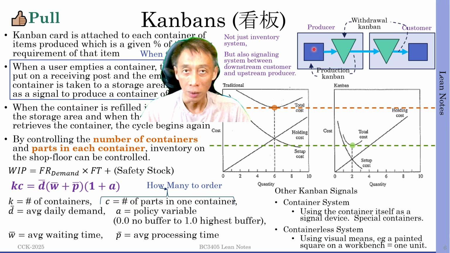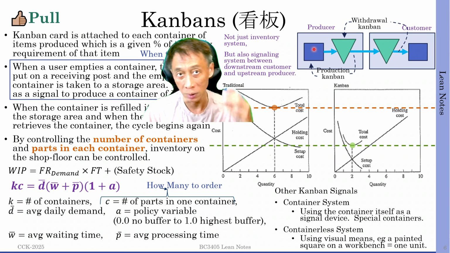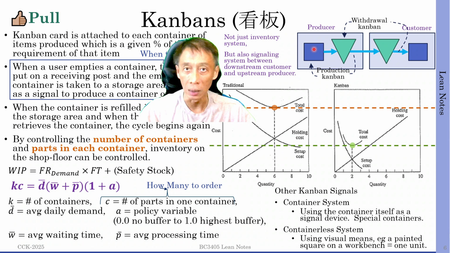If it's human, you need to be a bit on the alert, a bit smart to look at the Kanban, whether it's empty or full, and then produce or not produce accordingly. And if it's a robotics mechanical system, then you need to have a sensor to sense it. So it requires that smartness in the production system.